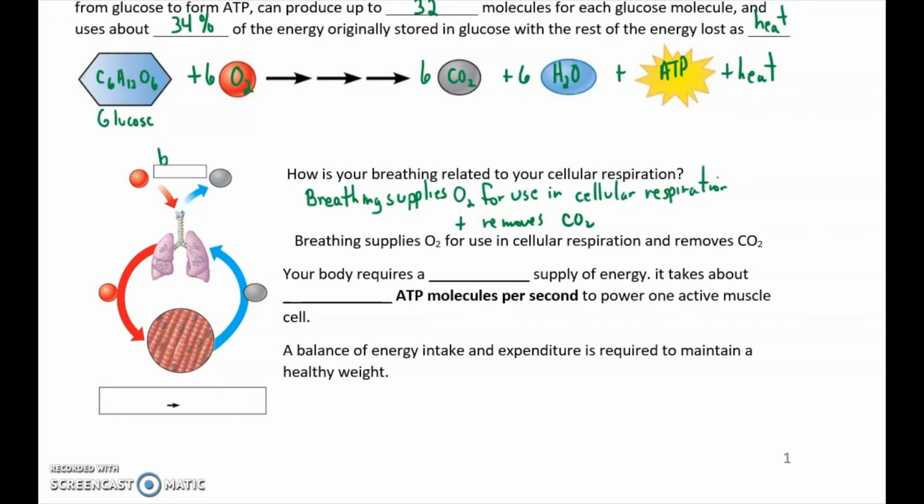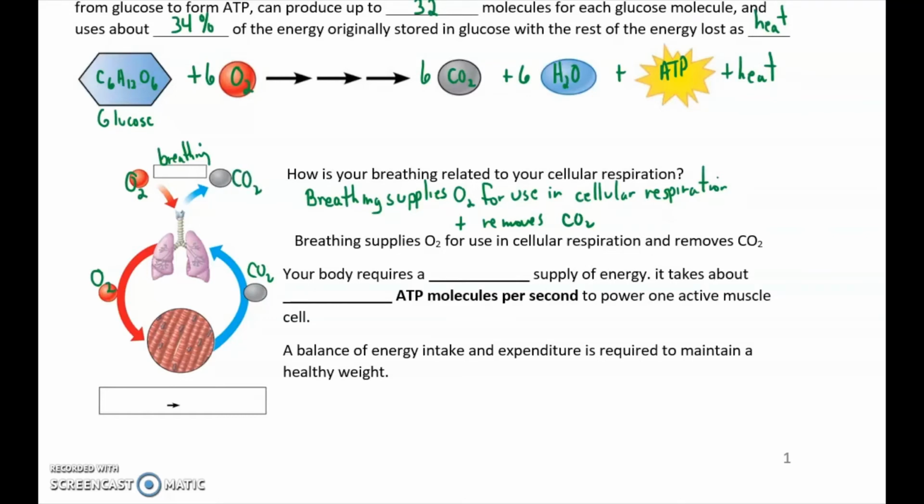So up here we're breathing, and in is going oxygen, and it goes to your lungs, and then oxygen goes to the blood, and then finally to the cells. Then from the cells, CO2 is removed. It goes to your lungs, and then you breathe out the CO2.